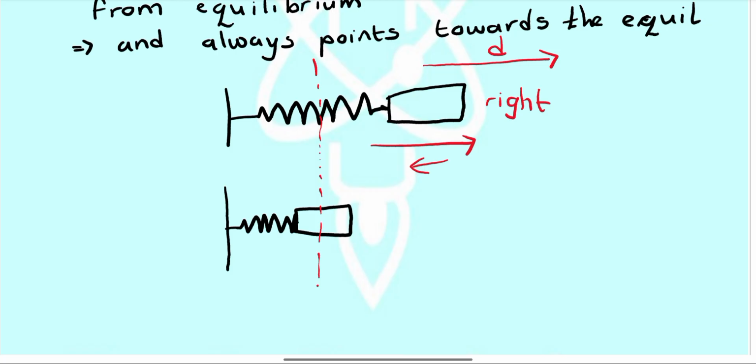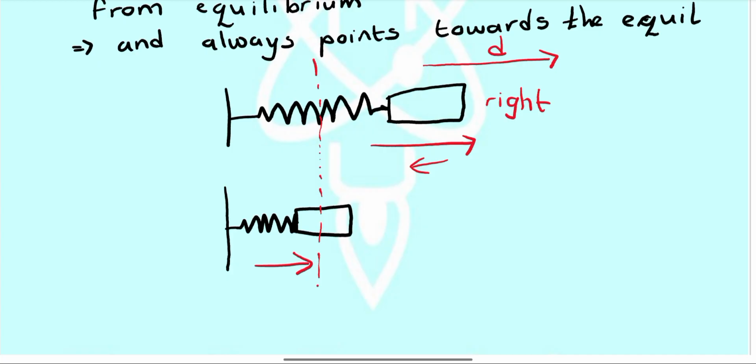What is happening once again is that our restoring force is directed to the right, towards the equilibrium position. And this motion is sinusoidal, which is why we represent it with a sine wave.